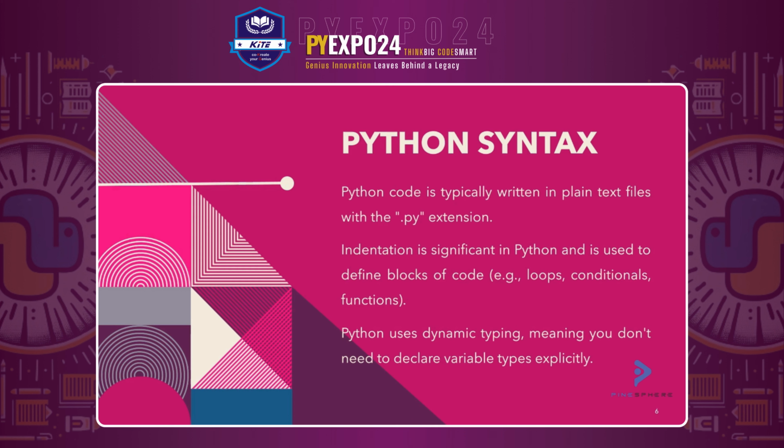Significance of indentation. What is this indentation? Whenever you write the code, it has to have proper indentation, then only it will work. Unlike other languages that use curly braces or keywords to denote the code block, Python uses indentation to indicate the beginning and end of the block.